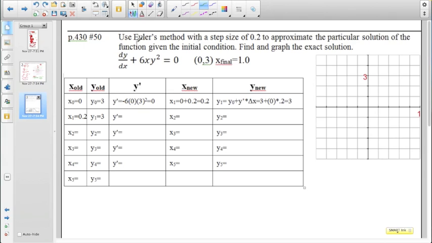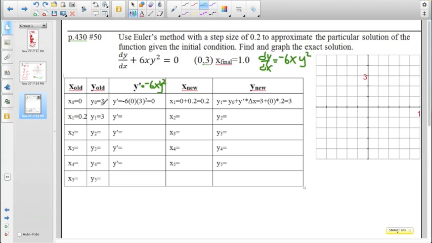And so our differential expression here is dy dx equals 6xy squared. So solving that, we have dy dx equals the opposite of 6xy squared, so this is really minus 6xy squared. That's what you're using to calculate this.